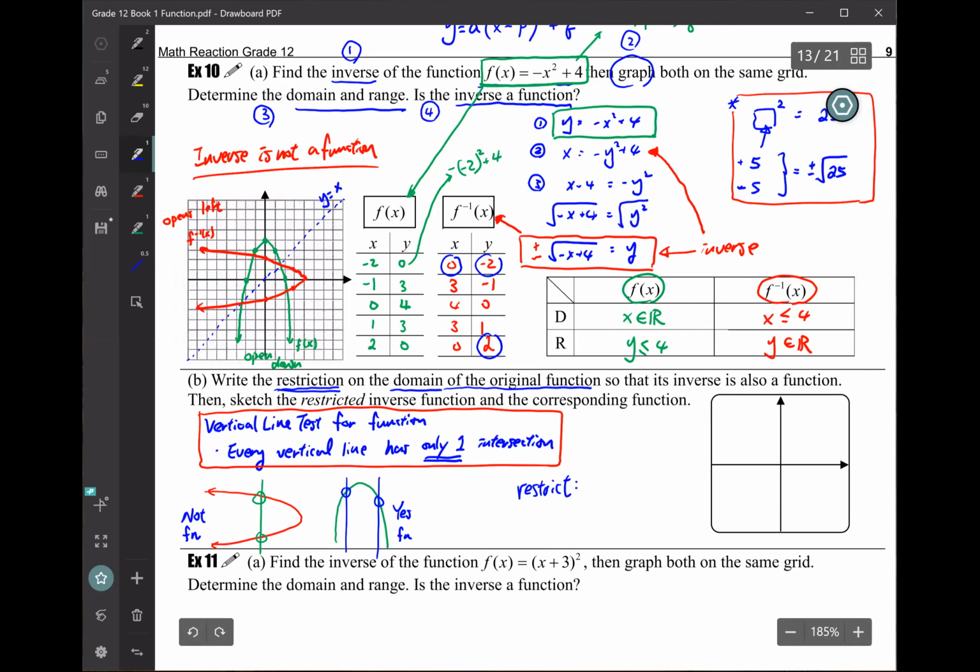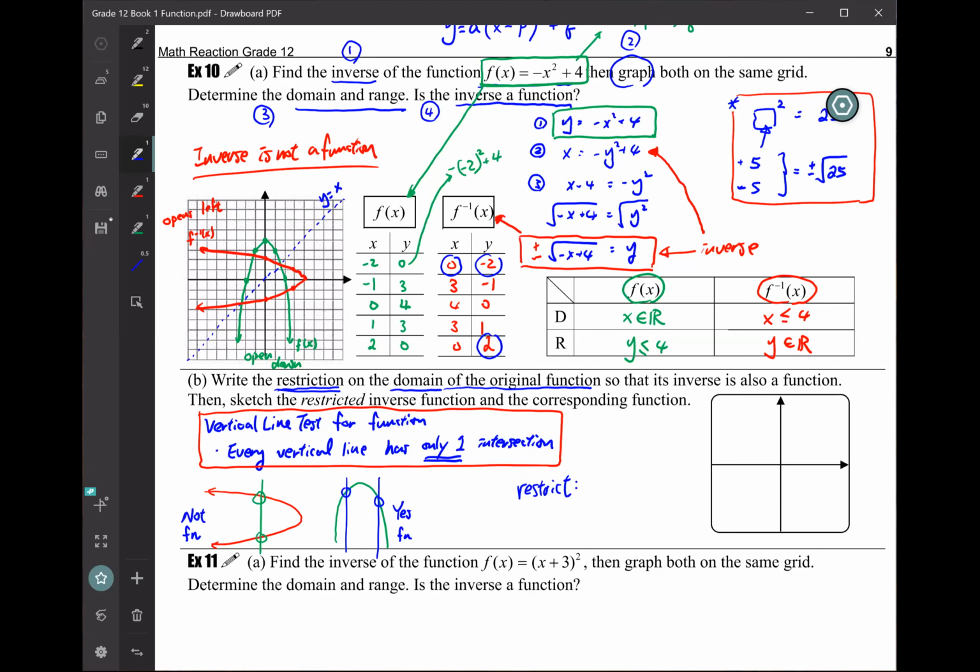What's the domain for the original right now? Cindy? Hi, how are you? Did you hear my question? What's the domain right now?